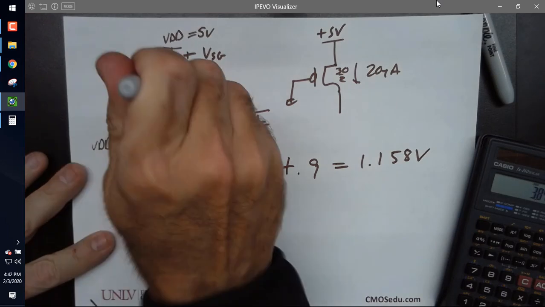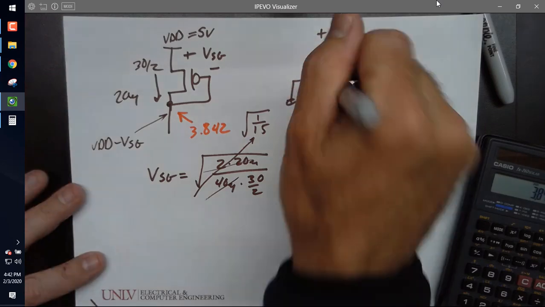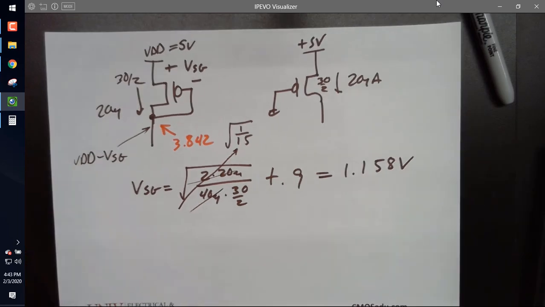Why is this in saturation? Gate and drain are tied together and there's a current flowing through it. Remember we went through this at the beginning, a few lectures ago or whatever? Okay, but what's the state of this one? Oh, I don't know. Let's find out. What is VSG?